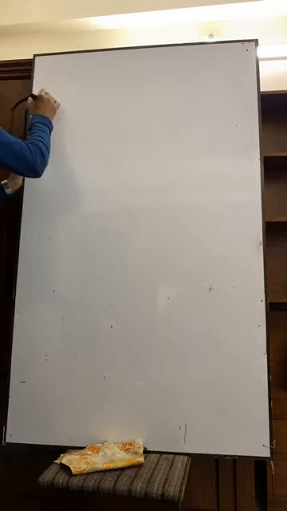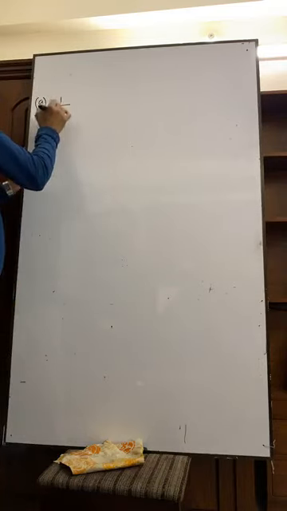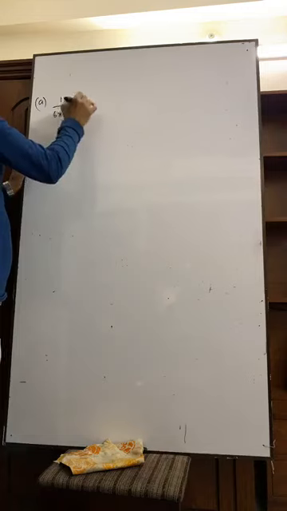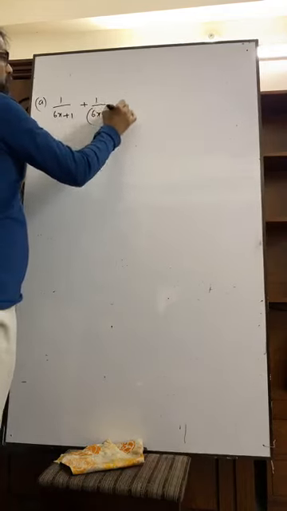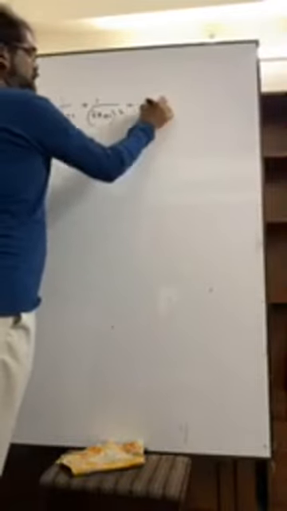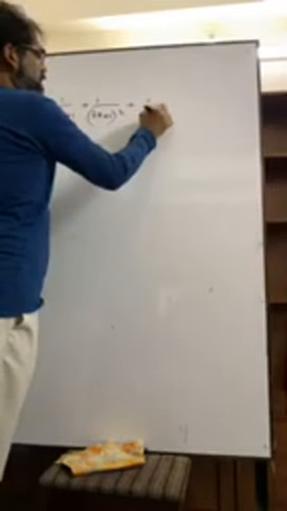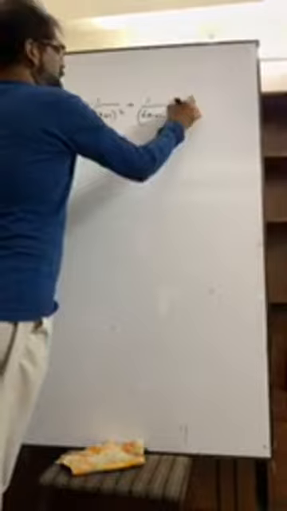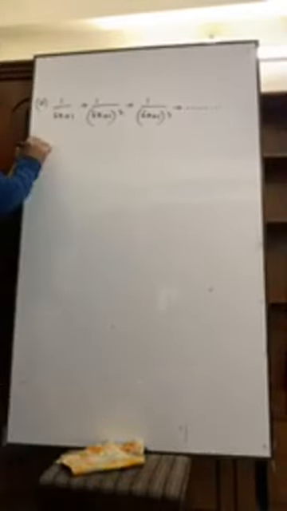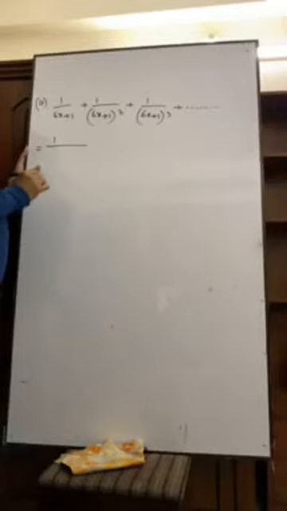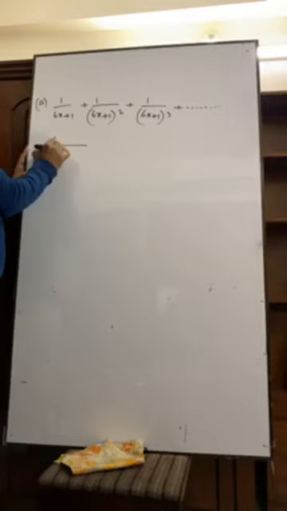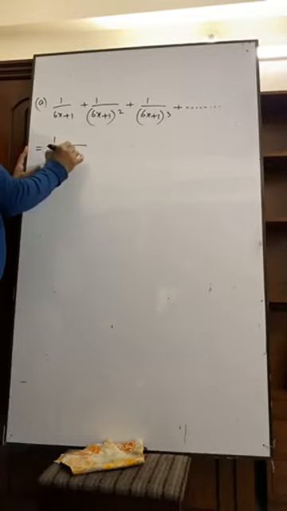Question number A. 1 by 6x plus 1, 1 by 6x plus 1 whole square, 1 by 6x plus 1 whole cube, and so on. Okay, x equals to 1. What is meant by it? It means 6 into 1 plus 1.